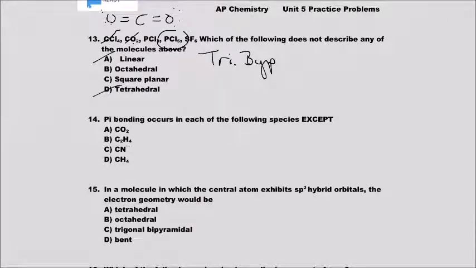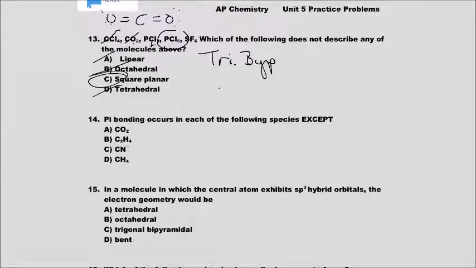Trigonal pyramidal was not there, okay? Trigonal bipyramidal was not there, so I couldn't mark this out. And this last one, SF6, that has to be octahedral, so square planar. That's the one. They gave us more shape options than were even listed below, but there's not a square planar answer. So C.